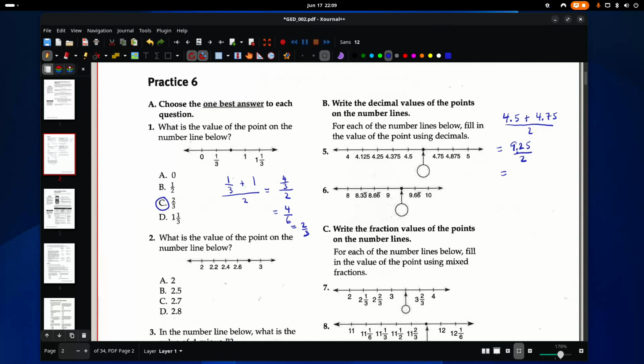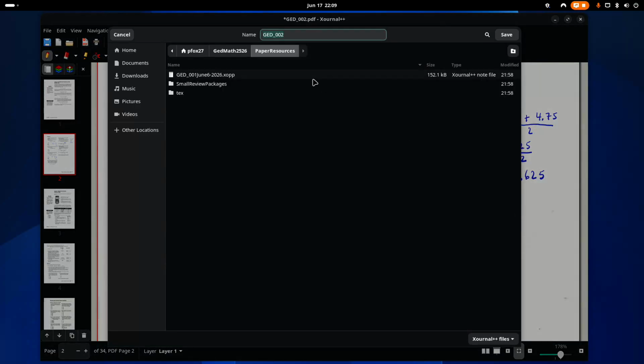So then we have 4.5 plus 0.125, so 4.625. So this is our 4.625. That's a similar question to question 1, where we're finding the midpoint between those 2 points on the number line.